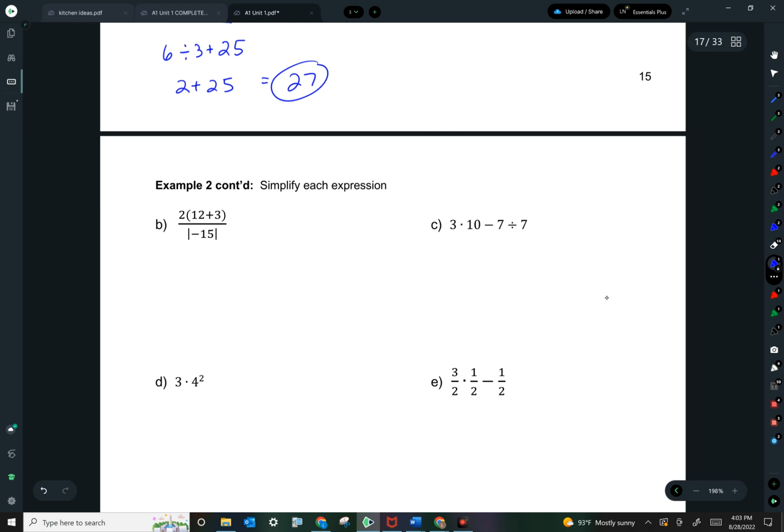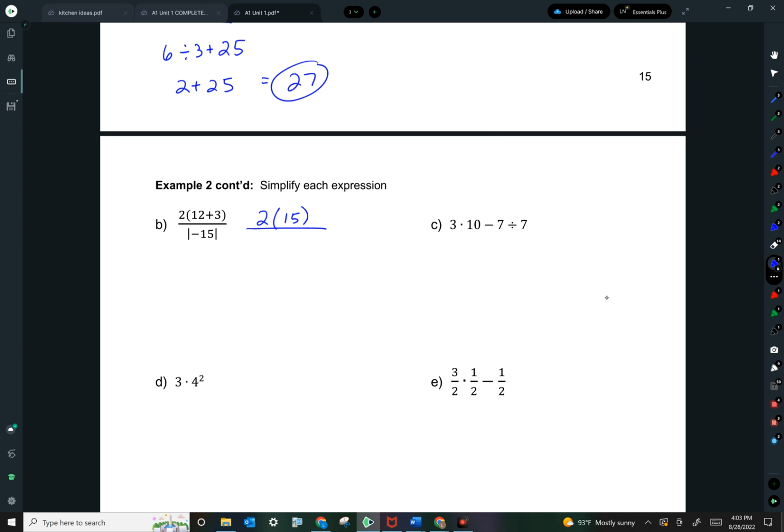Next example. I know you've seen absolute value before, and absolute value is kind of like parentheses in that it would go at the beginning with parentheses. So on this one, I'm going to do what's inside the parentheses. So 12 plus 3 is 15. Even though it's addition, it doesn't matter because it was inside the parentheses. And then I'm going to treat the absolute value kind of like parentheses.